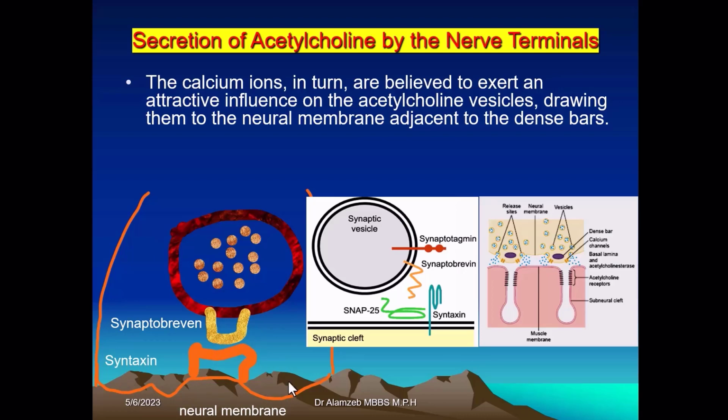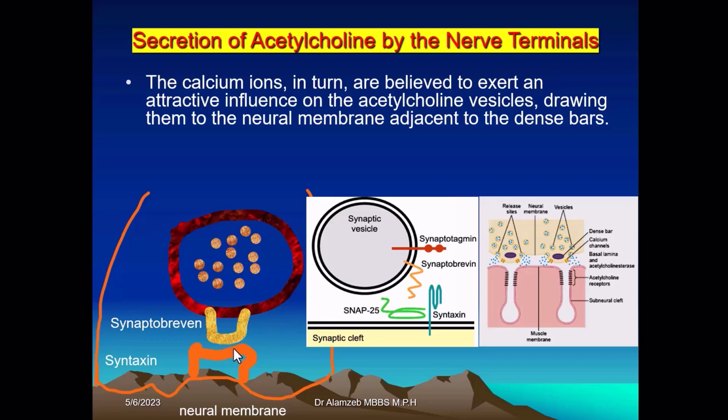When calcium enters from the synaptic cleft into the cytoplasm, it activates these two receptors and they attract each other. These receptors come closer and join with each other, and then the vesicles are fused with the neuronal membrane.